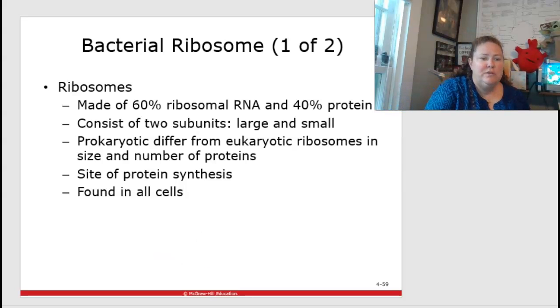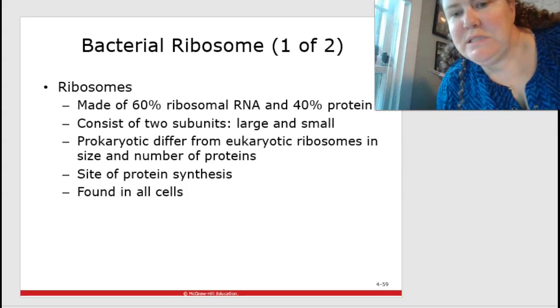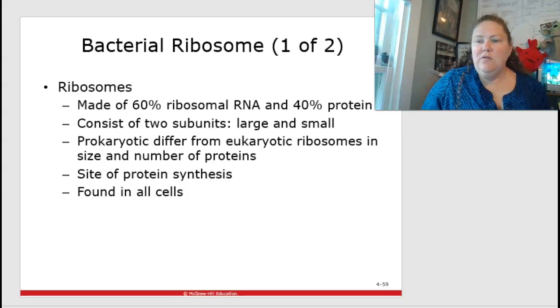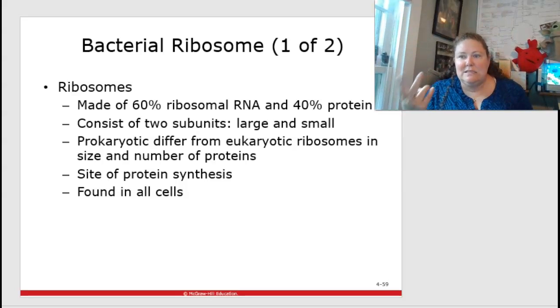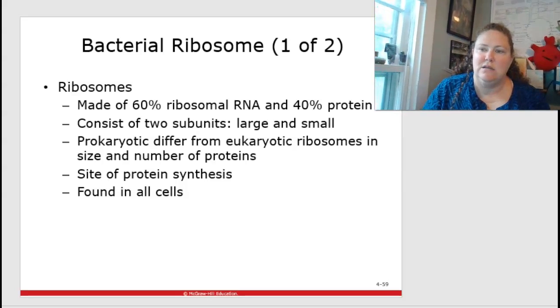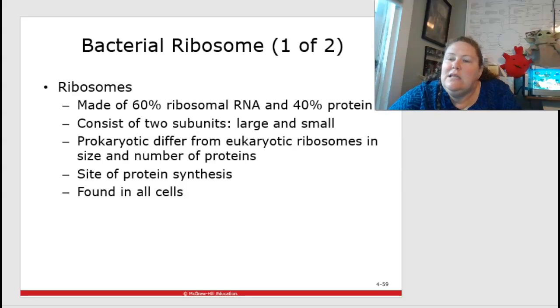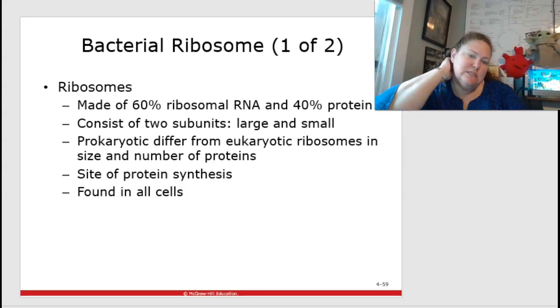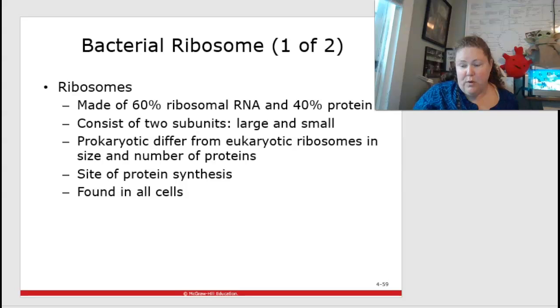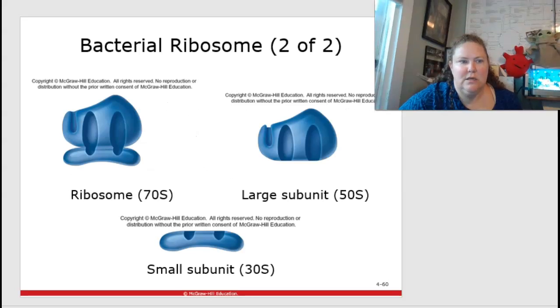Moving on to the different types of organelles, we have the bacterial ribosomes. Ribosomes are made up of 60% ribosomal RNA and 40% protein, and consist of two subunits, a large and a small subunit. Prokaryotic ribosomes differ from eukaryotic ribosomes in size as well as the number of proteins. They are the site of protein synthesis, and ribosomes are found in all cells.